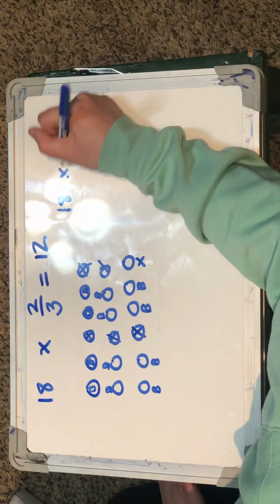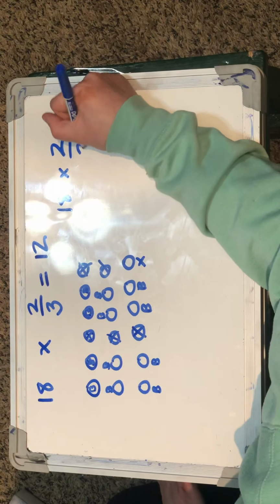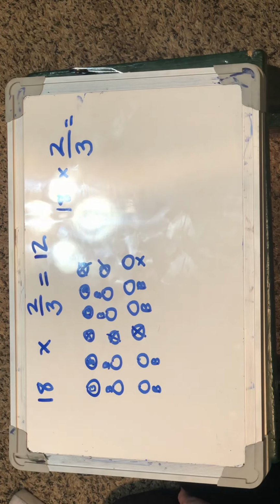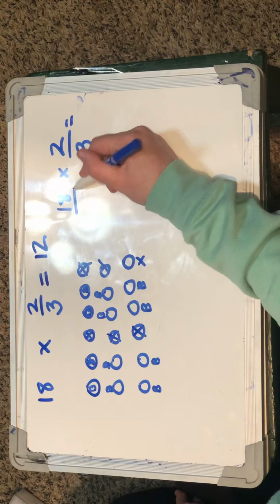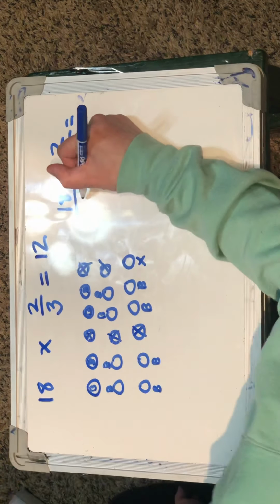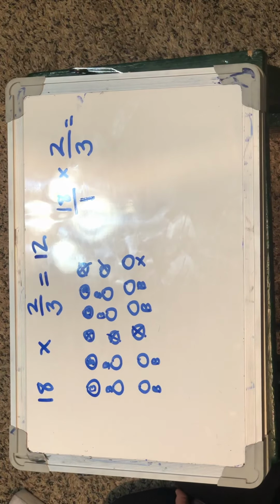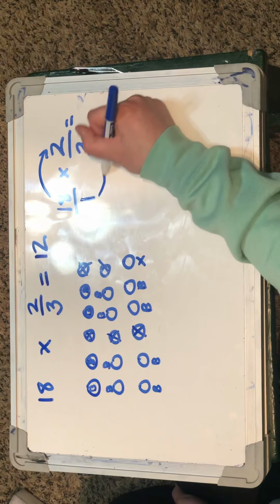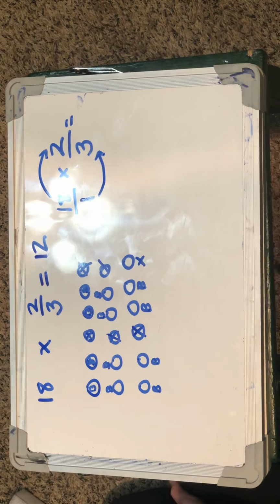18 times 2/3 equals. I'm going to put my 18 over what? What am I going to make that denominator if it's a whole number? I'm hoping you said 1. Okay? And now I'm going to multiply my numerators and then multiply my denominators. So 18 times 2.